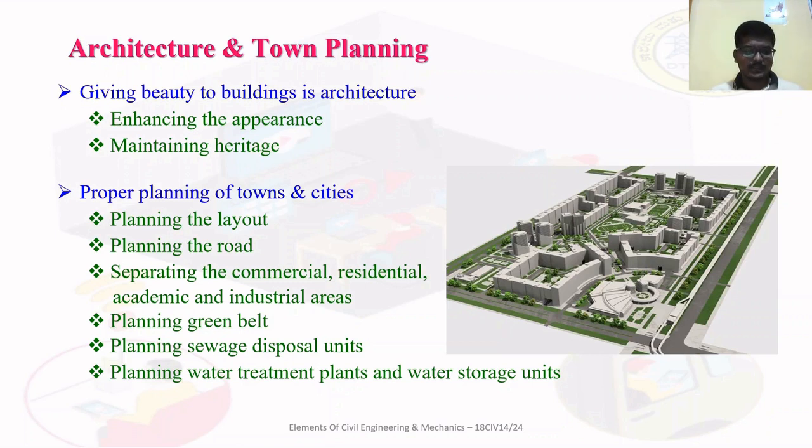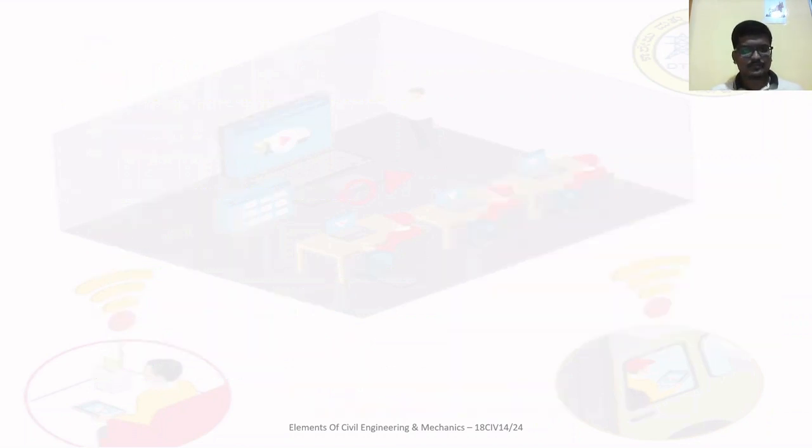It includes planning the layout, planning the roads, separating the commercial, residential, academic and industrial areas, planning green belts, sewage disposal units, water treatment plants and water storage units. All of these are dealt with in architecture and town planning. Presently it is separated from civil engineering as it is a vast group, and many improvements have been made in this branch.